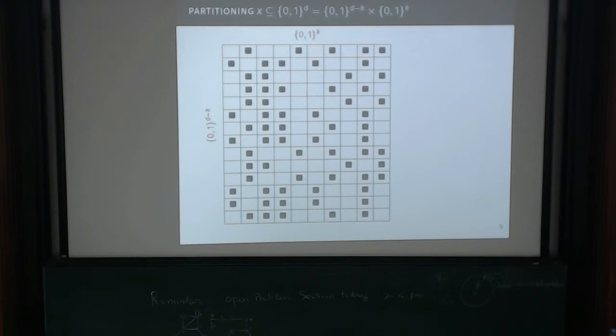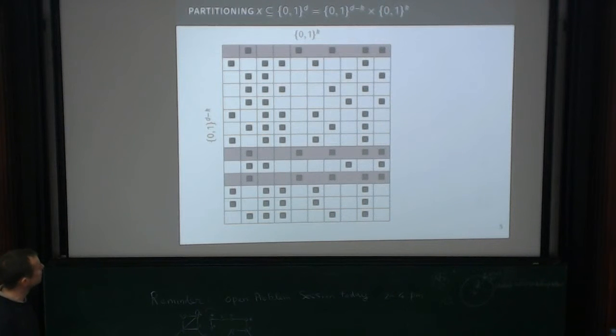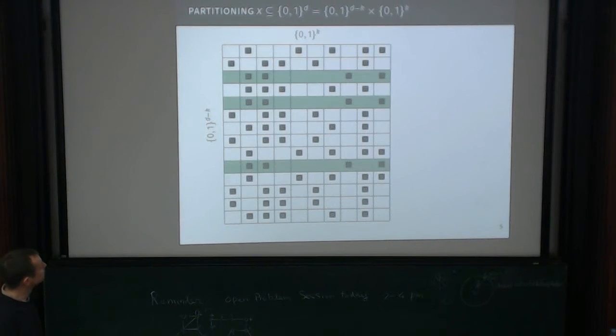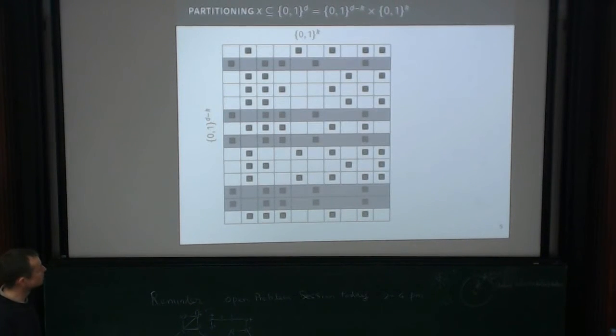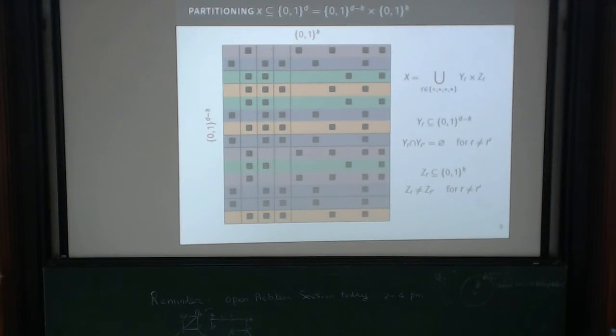Now what we do is we say that two rows are equivalent if they have the same pattern. So we find some equivalence classes in these rows, like this one, this one, this one, this one. Actually, that's it. So in this case, we have 4 equivalence classes. And now we write our set x as this union.